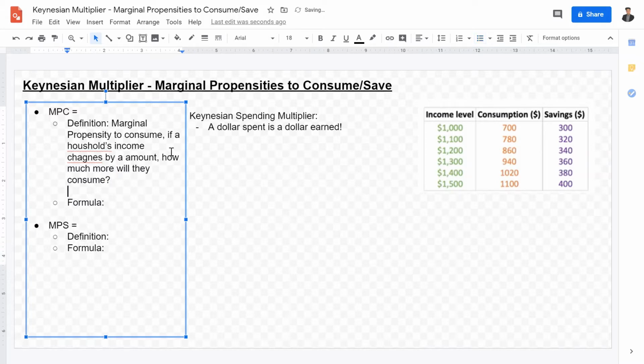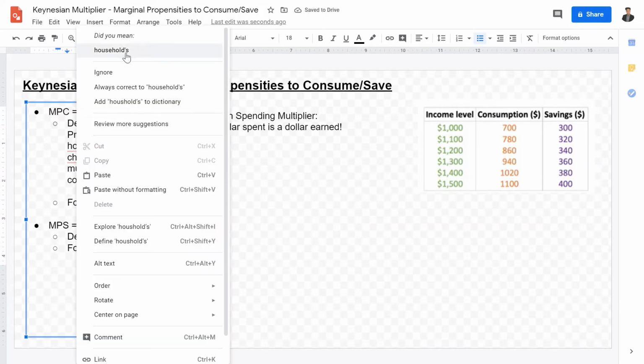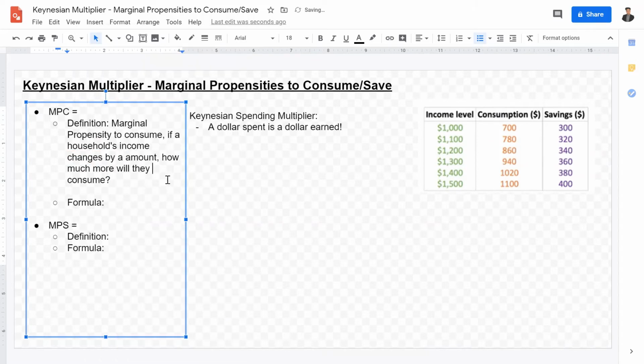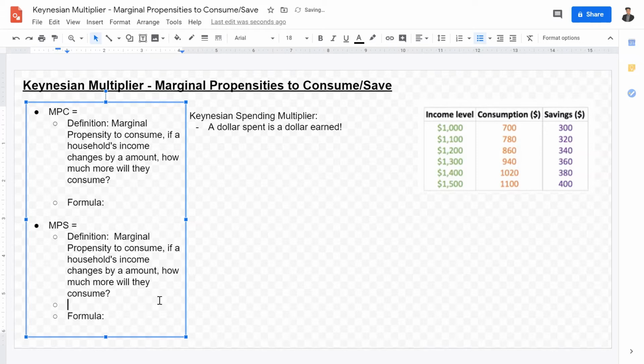If a household's income increases by a certain amount, how much more would they consume? The same thing goes for the marginal propensity to save. How much would they save? If a household's income increases by an amount, how much more would they save?